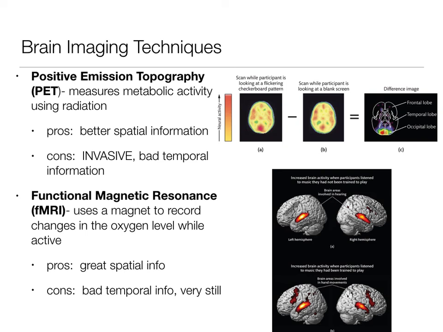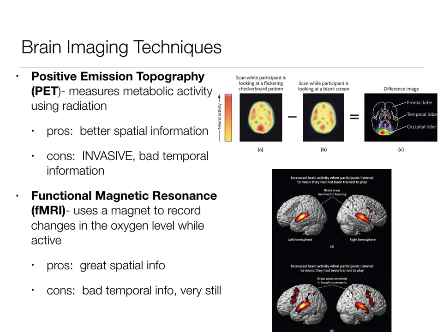We're not going to be able to get quick information about timing, which isn't great. You also have to be very, very still for an MRI, which if you're doing an infant is kind of impossible. Certain demographics really don't like to be in the MRI machines.